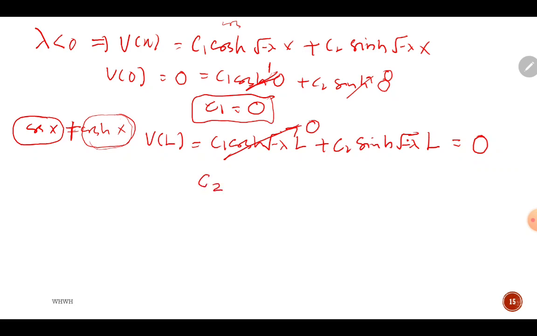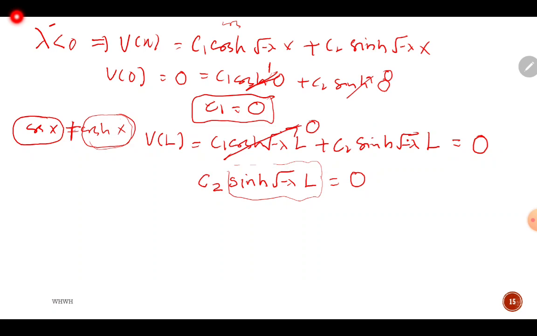Okay, listen carefully this part. C2 sinh root of minus lambda L equals to 0. So there are two possibilities that will make this function equals to 0. Am I right? Sama ada C2 tu sama dengan kosong, ataupun sinh root of minus lambda L equals to 0.